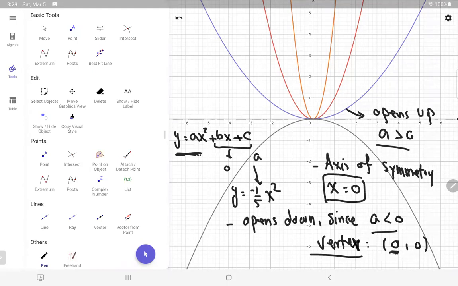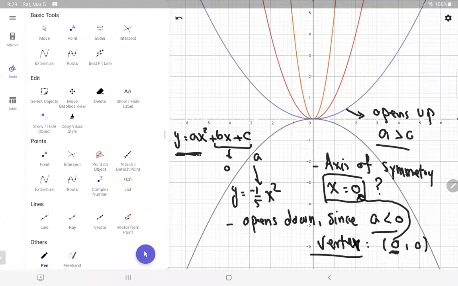Because we said the axis of symmetry intersects with the parabola. So this 0 and this 0, are they the same? Yes, it intersects with the parabola. So the first 0 represents the axis of symmetry. Okay?